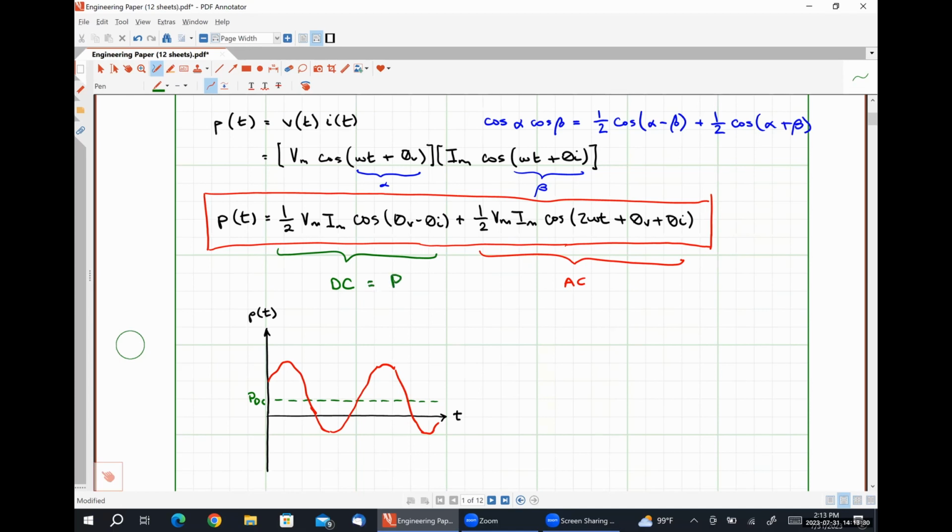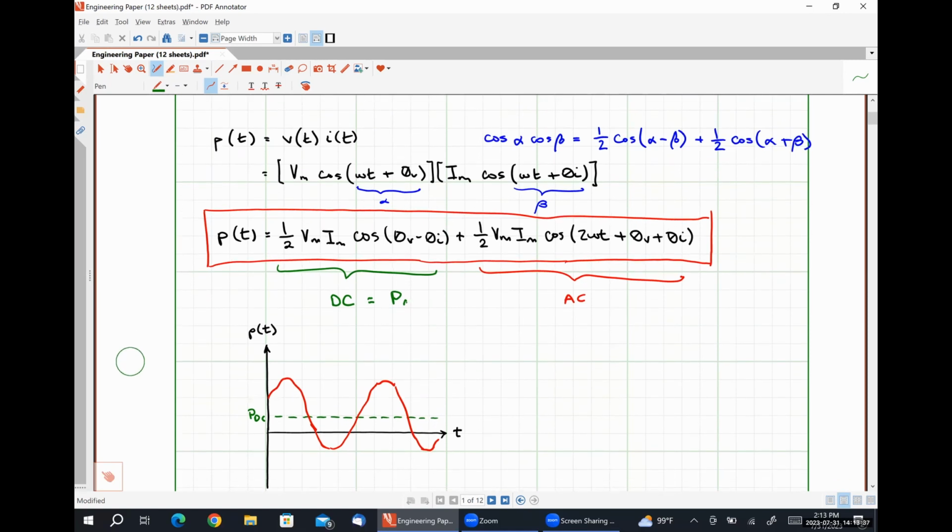So we can call this, my stylus will write, capital P average, where I'm using a capital letter to acknowledge that this is a DC quantity, okay?